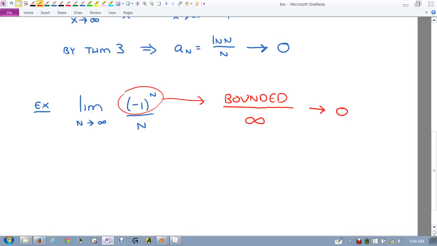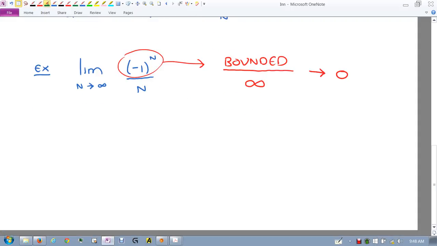But we will use a theorem in order to reassert what our minds are telling us it should be. So this is going to be theorem 6 on page 429.